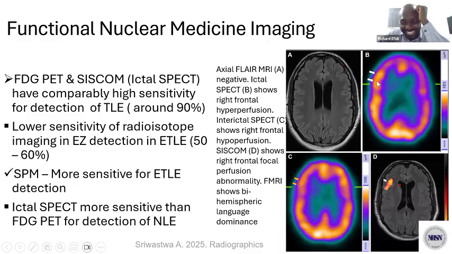This is ictal SPECT, and it shows an area of hyperperfusion in this right frontal lobe. And then there is the interictal SPECT that shows an area of hypoperfusion. Now, SISCOM was obtained, which highlighted this perfusion abnormality and localizes it to the right frontal lobe.